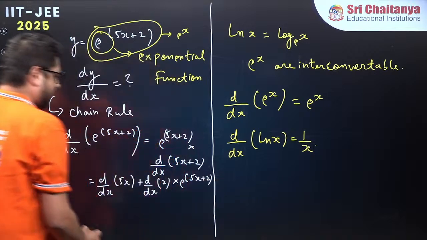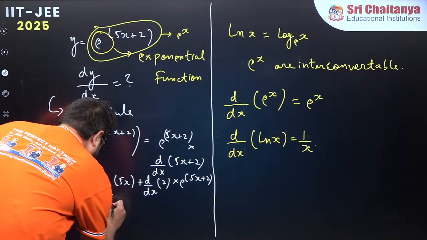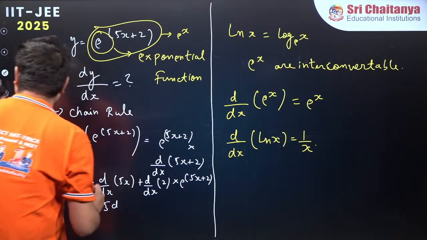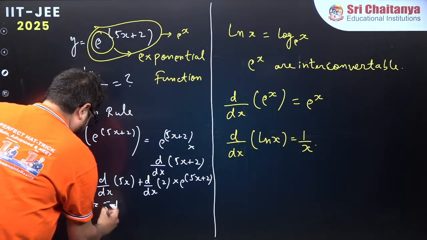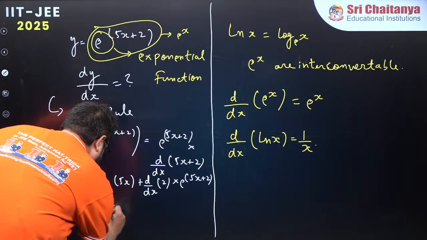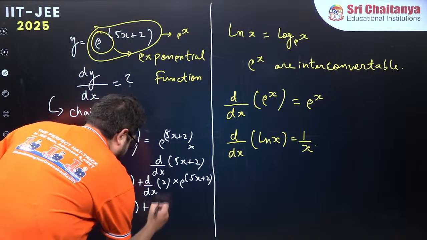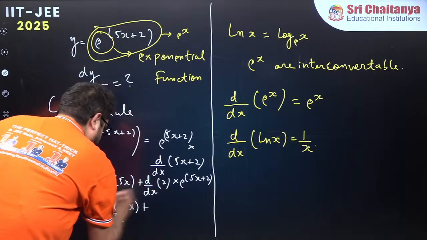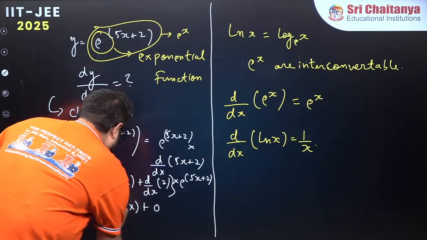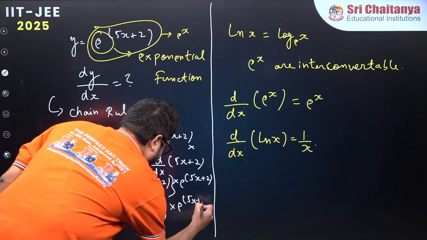If I solve it, you know that in d by dx of 5x, 5 is a constant. It's going to come outside the derivative operator, and as a result I will get 5 d by dx of x plus d by dx of 2, which will be 0 itself, into e to the power 5x plus 2.